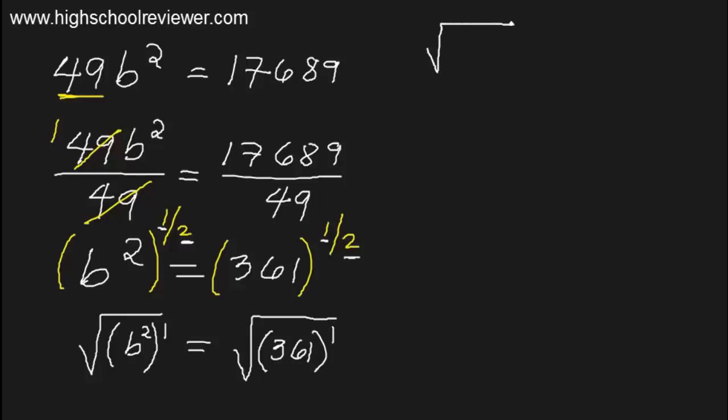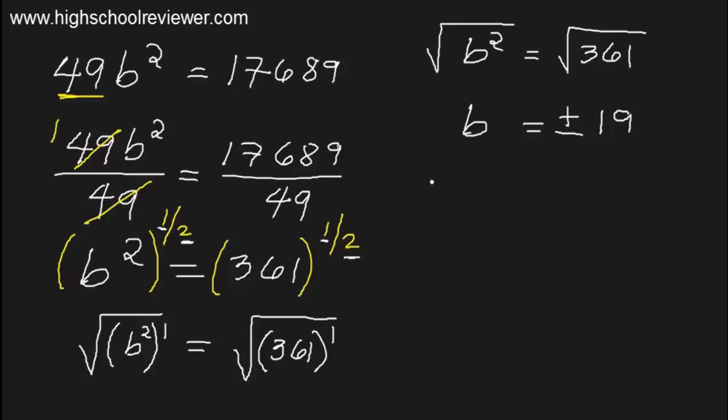This will be the square root of b squared equals the square root of 361. Now, the square root of b squared will be positive b, and we have here the square root of 361. We will have two values, the positive and the negative. The square root of 361 is 19.